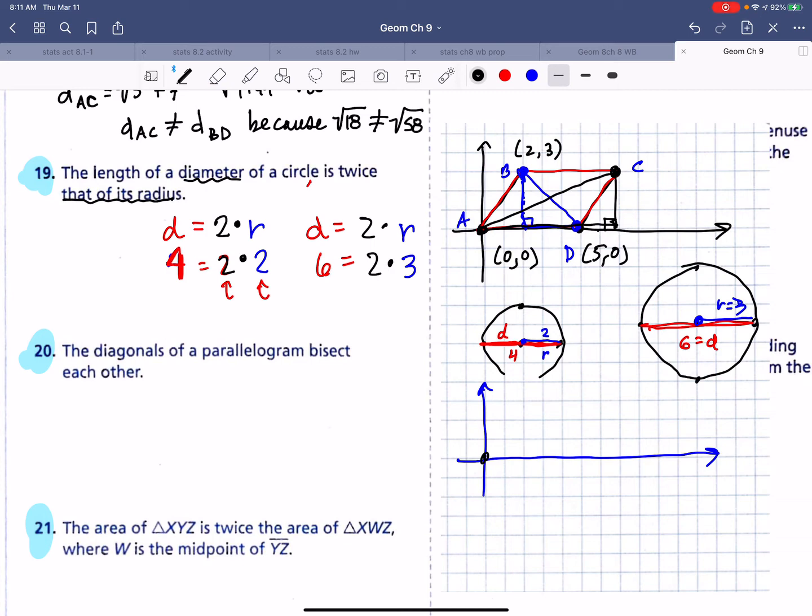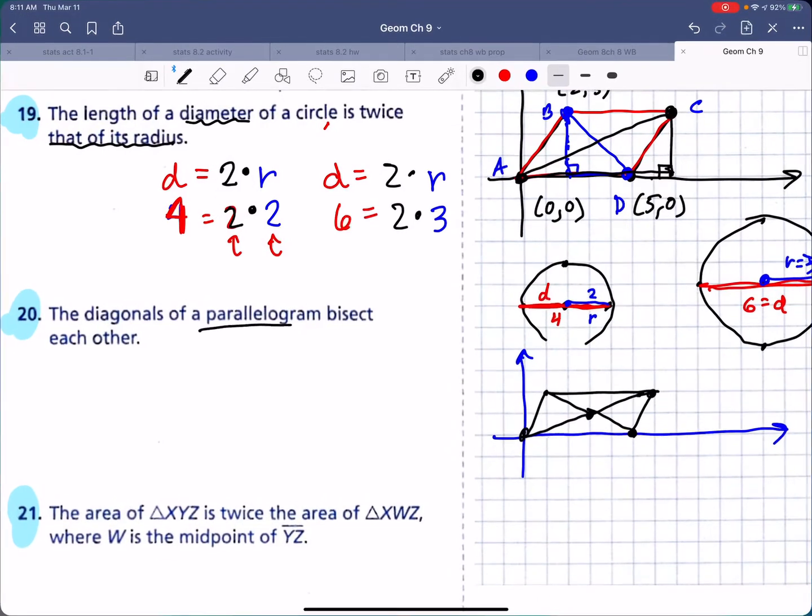Okay, I think I did that. Okay, so I made a parallelogram, and it's definitely a parallelogram, and I'm trying to prove that that point is in the middle.